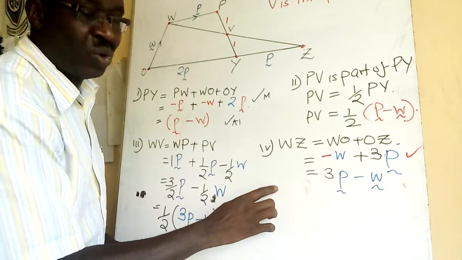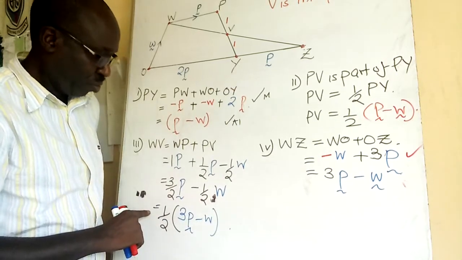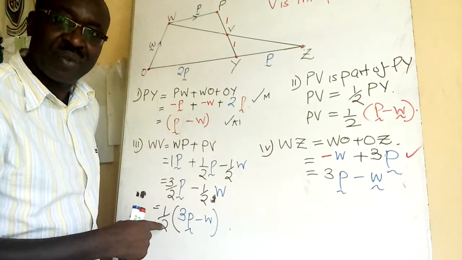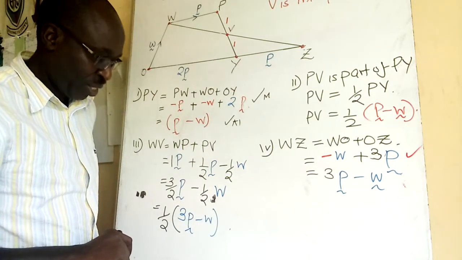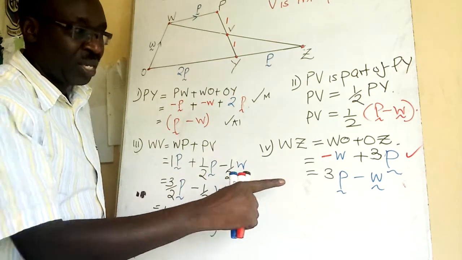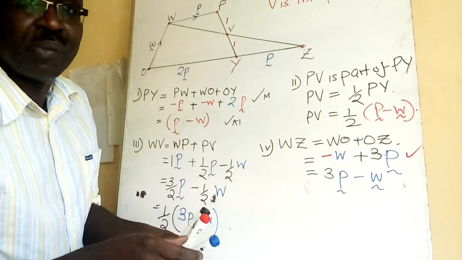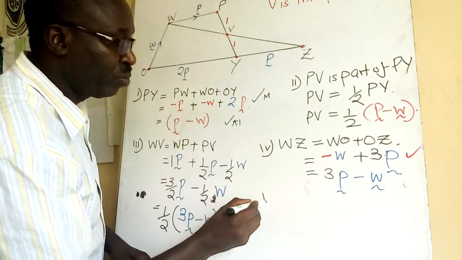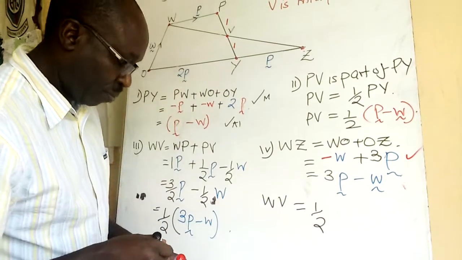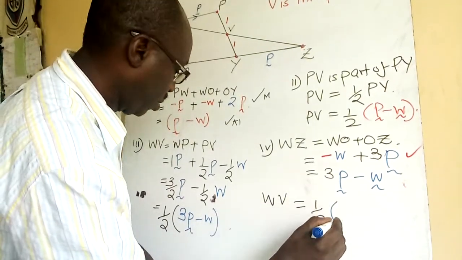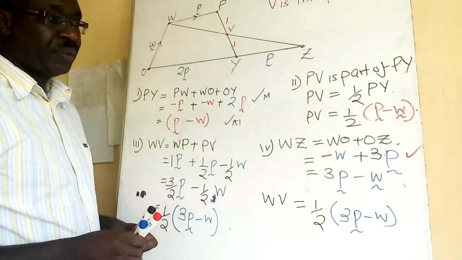Now, I want us to conclude here. You can see number 4 and number 3, there is something. This is WZ. From number 3, we had WV equal to a half (3P minus W).